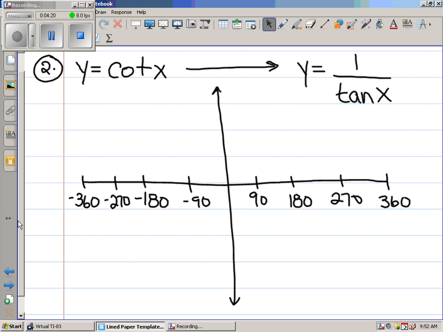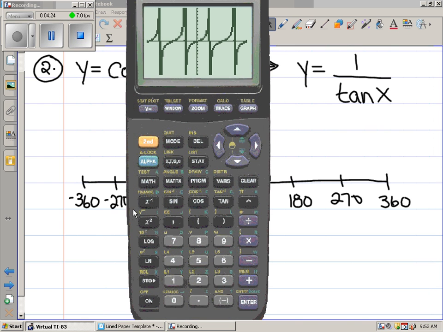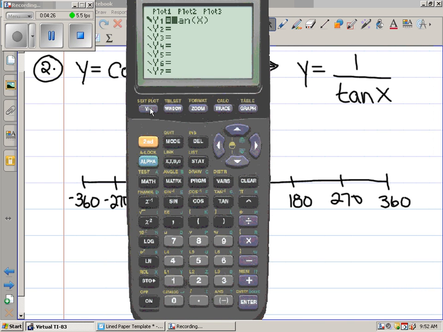There you go. And once again, we're going to use our calculators to do this. There is no way I'm asking you to remember this. 1 divided by the tangent of x.